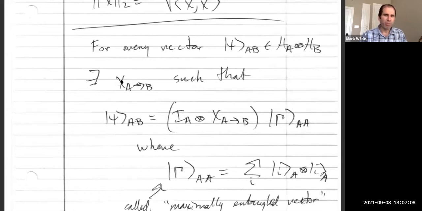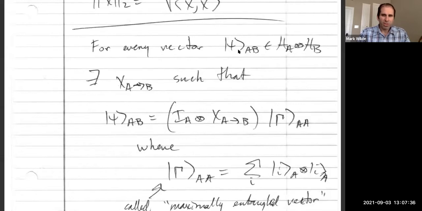There's a way to get from an operator to what we often call a bipartite vector, two-party vector, because we think of this Hilbert space corresponding to a quantum system that Alice possesses, and this Hilbert space corresponding to a quantum system that Bob possesses. So what this isomorphism allows for is that you can identify every vector with an operator and vice versa.